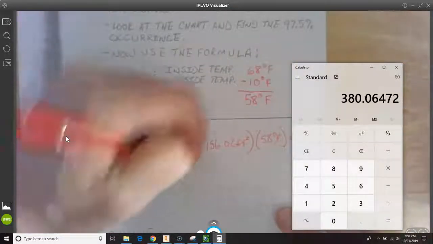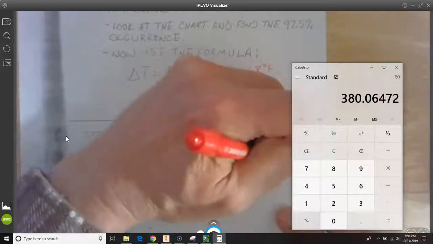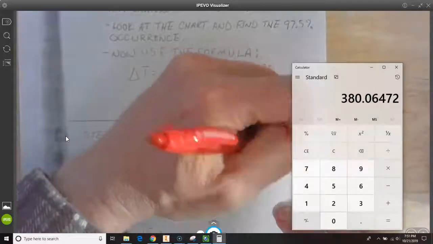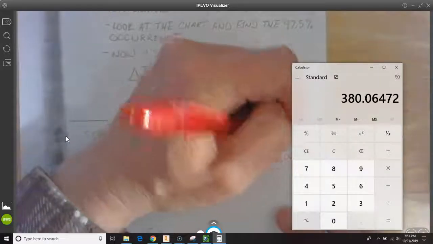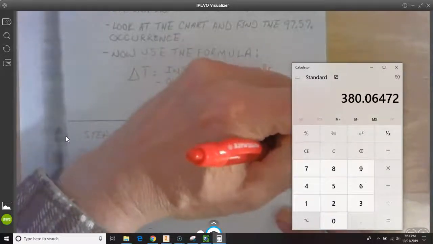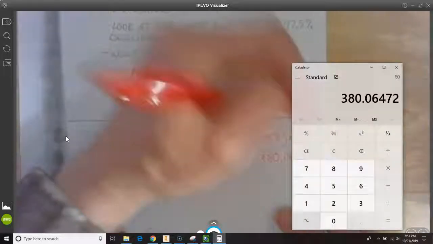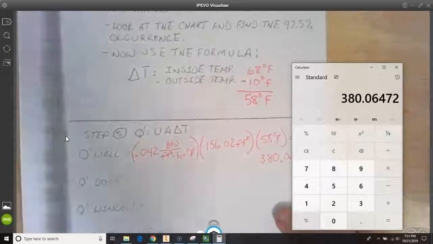So this is going to be 380.06, and this is BTUs per hour. Okay, so that is the first one.